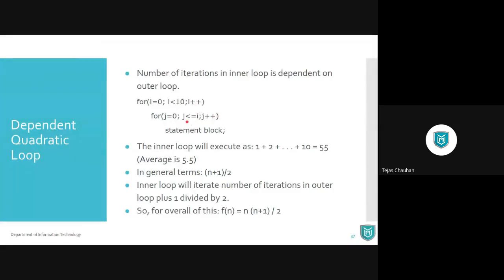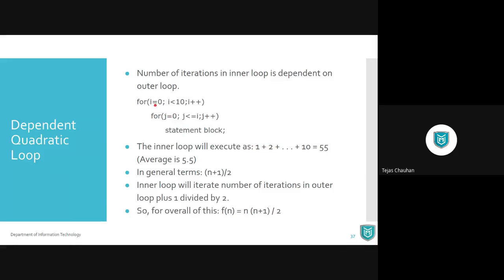But now we need to be focused here. j is being run from 0 to i, which means j is dependent on i. Now just to understand, if your i is 0, then j equals 0 up to 0. Only one time your inner loop will be executed. Then if your i is equal to 1, then j starting from 0 up to 1, which means 2 times your inner loop will be executed.